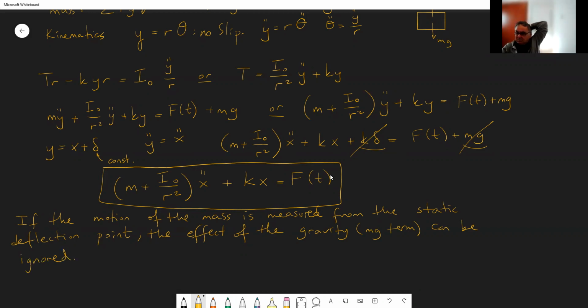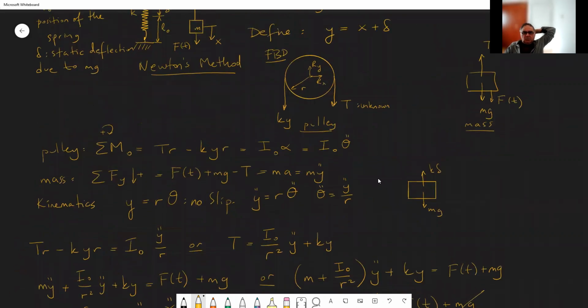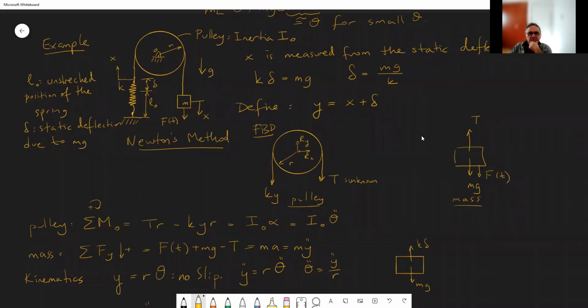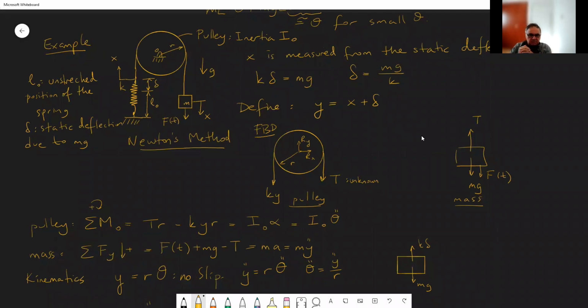So you can treat this problem as if there is no gravity, only that you have to measure everything from the static equilibrium. That is, you have to use a coordinate system that measures things from the static equilibrium.